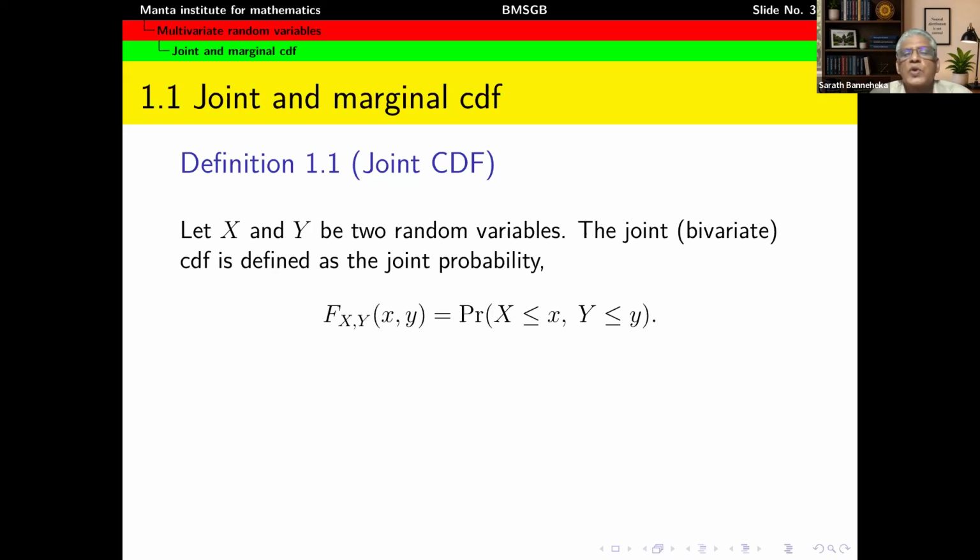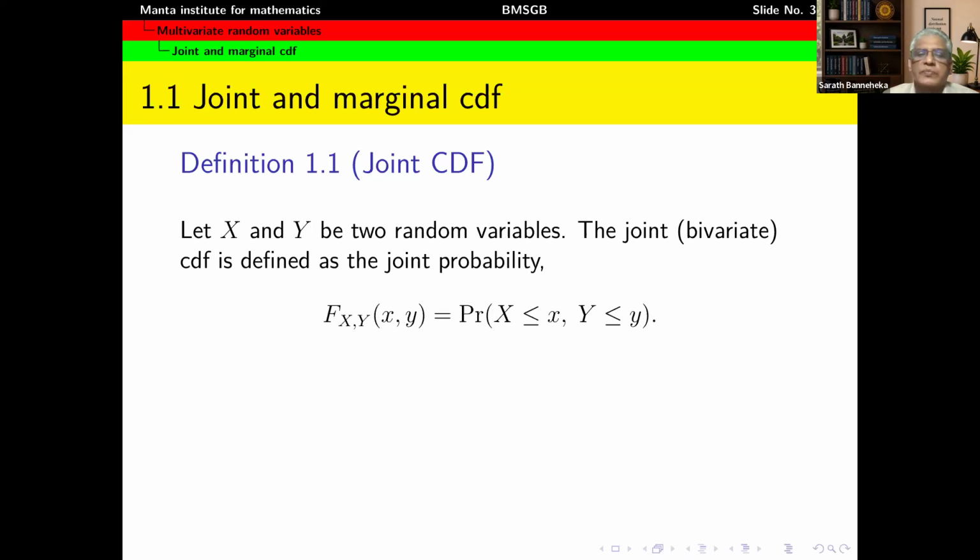Let X and Y be two random variables. The joint or bivariate cumulative distribution function is defined as the joint probability, that the probability capital X less than or equal to some simple x real number, and capital Y less than or equal to some real number, simple y.